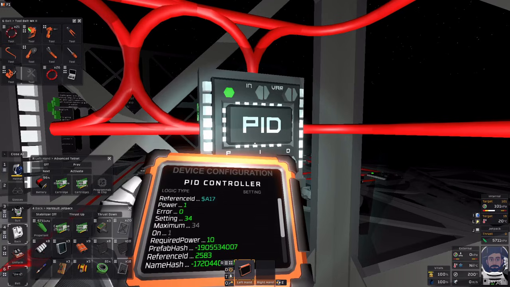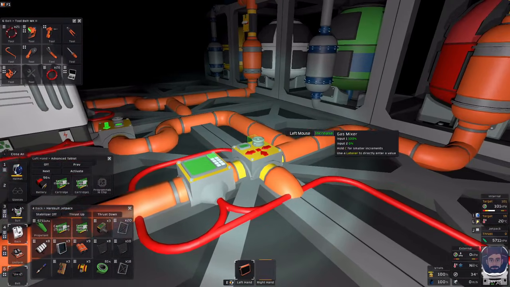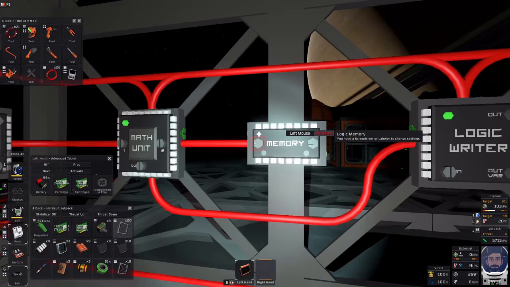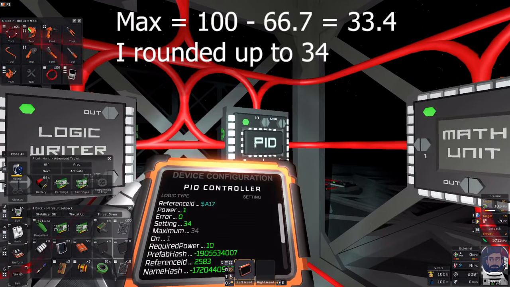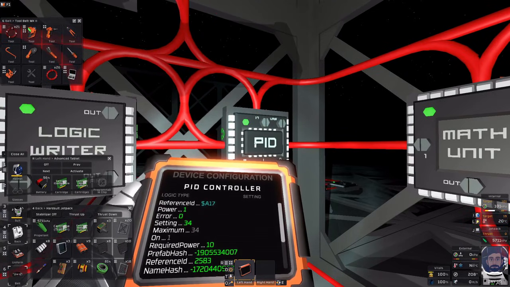Now, the mins and maximums are based on what I expect the gas mixer to do. It can only go from 0 to 100, and I'm starting at 66.6. So I chose a maximum of 34 because I want this PID to be able to get the gas mixer to 100 if it needs the maximum change. 34 plus 66 is roughly 100.